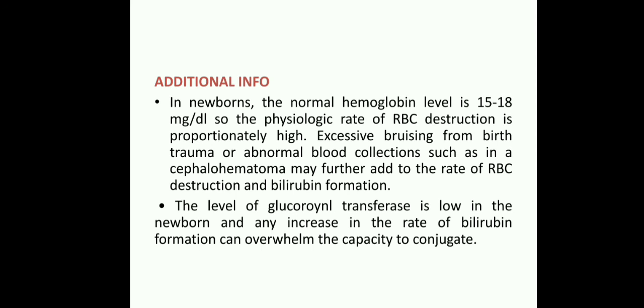Because of RBC destruction, the bilirubin level is increased in the body, because the unconjugated bilirubin is not converted into the conjugated form. So the bilirubin level is increased in the blood, and it is called hyperbilirubinemia or neonatal jaundice.